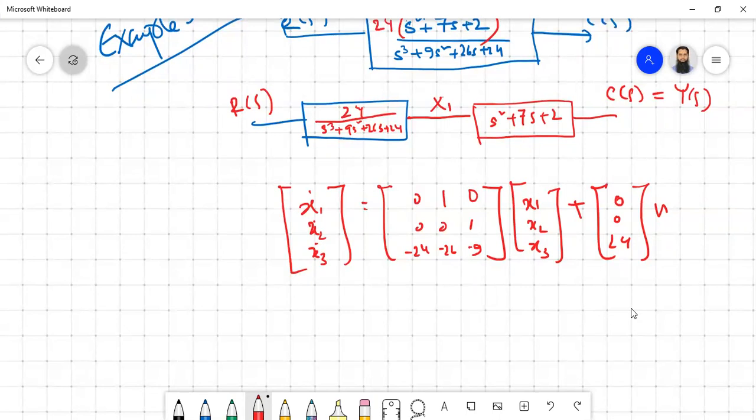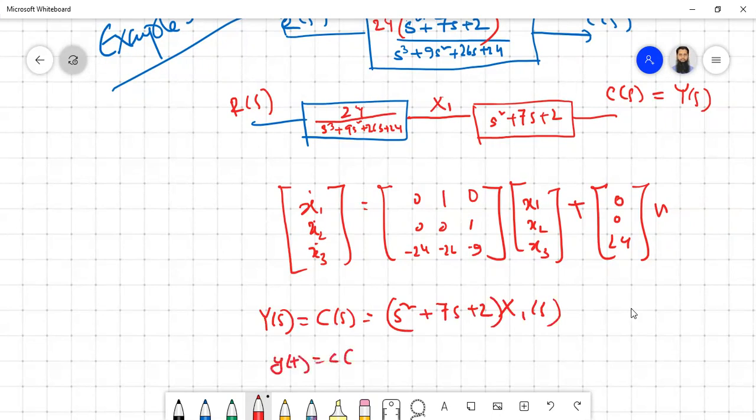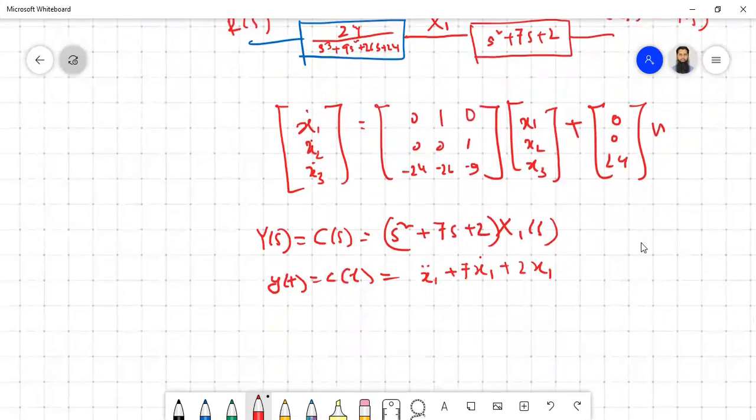Now, what is the change that is coming in your output equation? Y(s) or C(s) is equal to s squared plus 7s plus 2 into X1(s). We'll just take the inverse Laplace. So y(t) or c(t) will be equal to x1 double dot plus 7 x1 dot plus 2 x1. Now x1 dot is x2, and x1 double dot is x3.